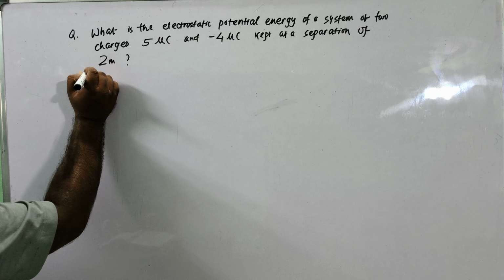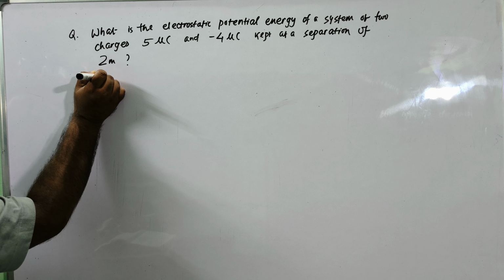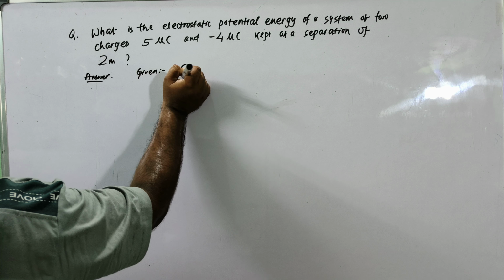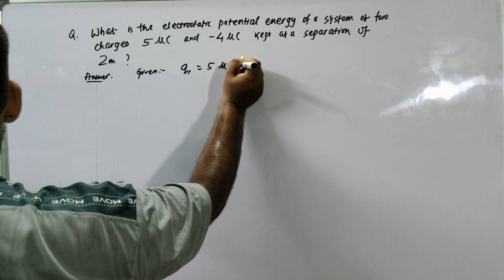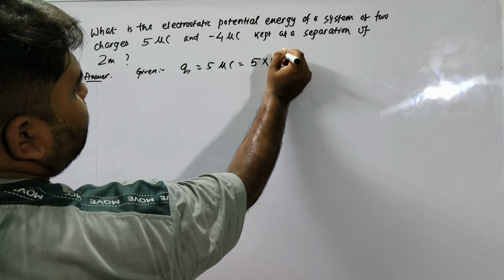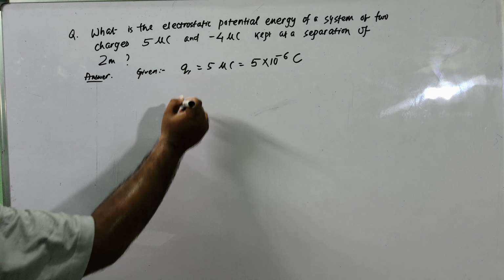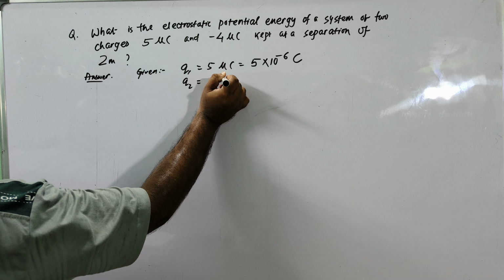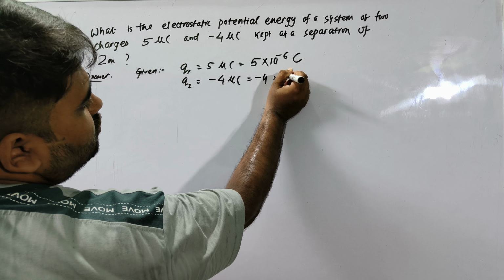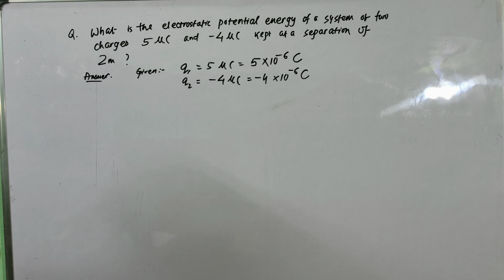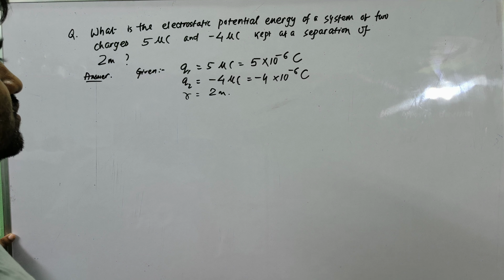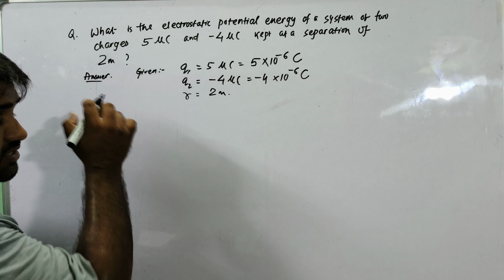So according to the given data, q1, the first charge, is 5 microcoulomb, that is 5 into 10 raised to the power minus 6 coulomb, and q2 is -4 microcoulomb, that is -4 into 10 raised to the power minus 6 coulomb. And the distance is 2 meter. You need to find the electrostatic potential energy of that system.